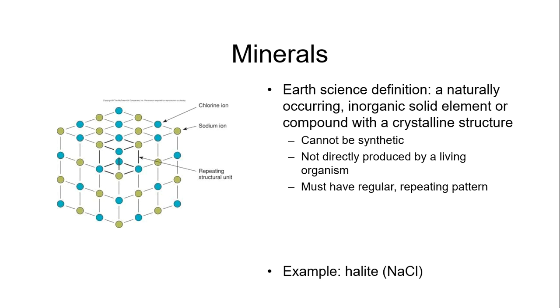Take this figure, for example. We talked in the chemistry section about salt, sodium chloride, also known as halite. It has an alternating pattern of sodium and chlorine atoms, and it gives you a 3-dimensional cubic structure. This is what we mean by crystalline structure.